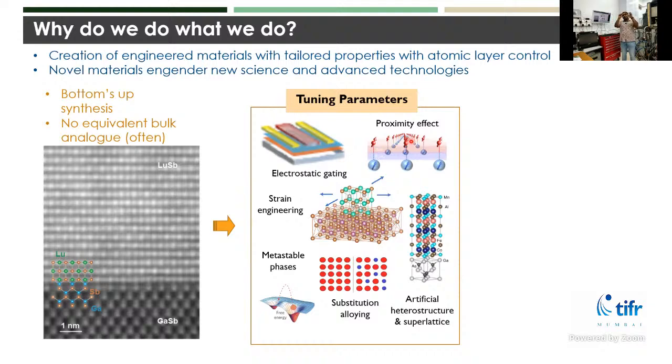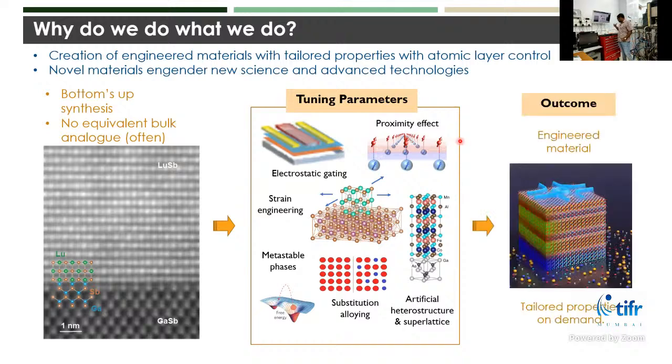And what will happen is that the atoms will now take the shape of the underlying layer, so they will be a little bit stretched. So you can basically introduce some strain in the system while growing, and that can give rise to new properties. So in the end, our end goal is to create engineered material which has a tailored property on demand.